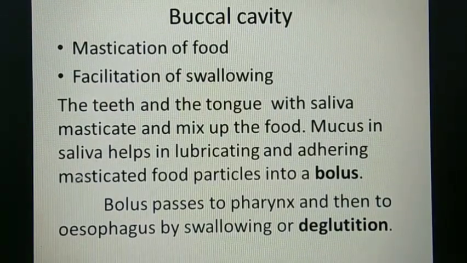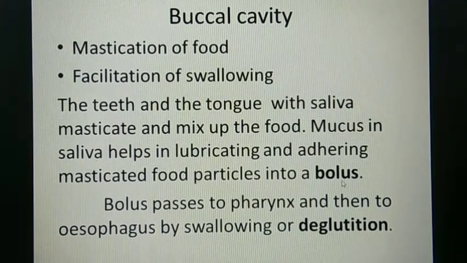And mucus in saliva helps in lubricating and adhering masticated food particles into a bolus. So inside the mouth, the teeth will chew the food, and that partially chewed food will be mixed with saliva by the tongue, and the mucus in the saliva helps in making it into a structure called bolus.